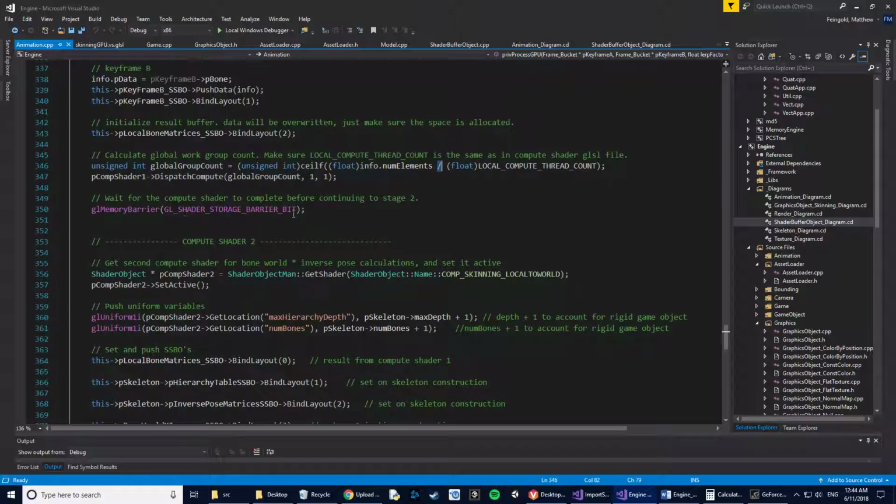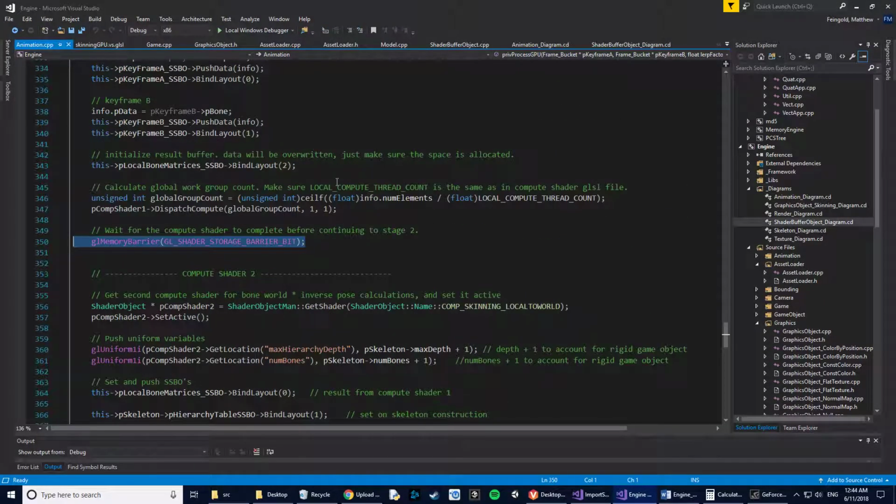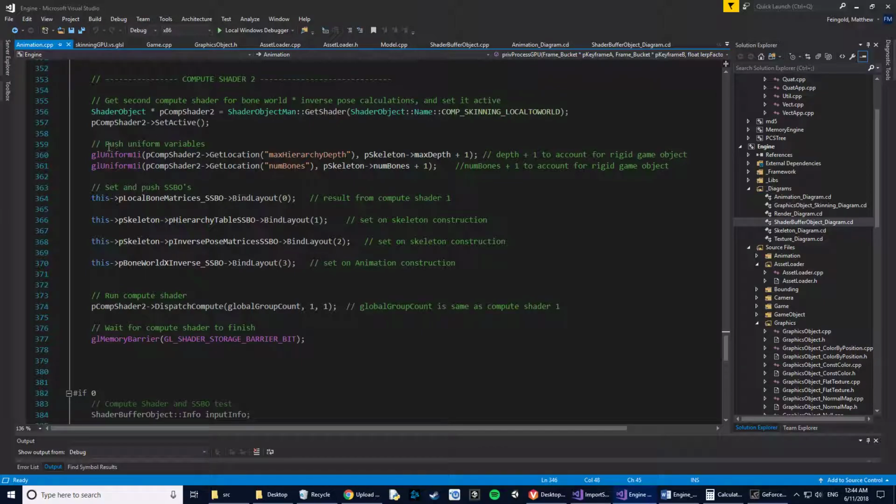Then I use a memory barrier to wait for the compute shader to be done, and this does the interpolation. On compute shader stage 2, I pass in a couple uniforms. These really just specify the X and Y range of my hierarchy table, which I use to perform the game object update, essentially.